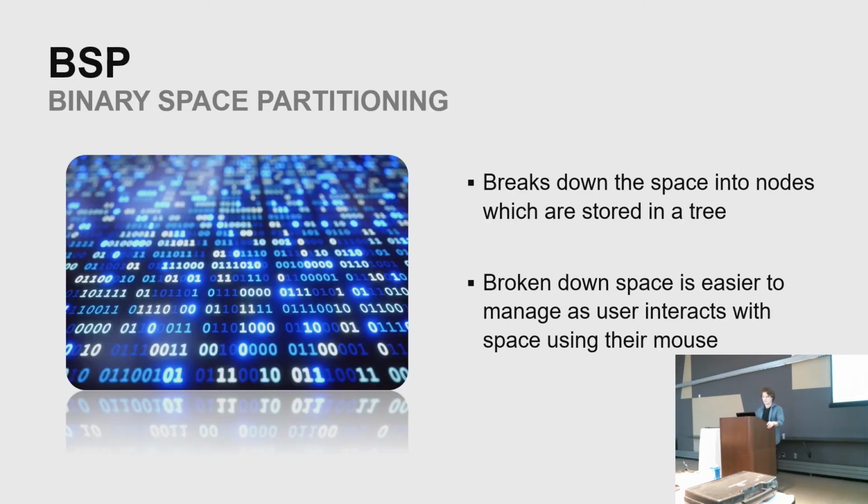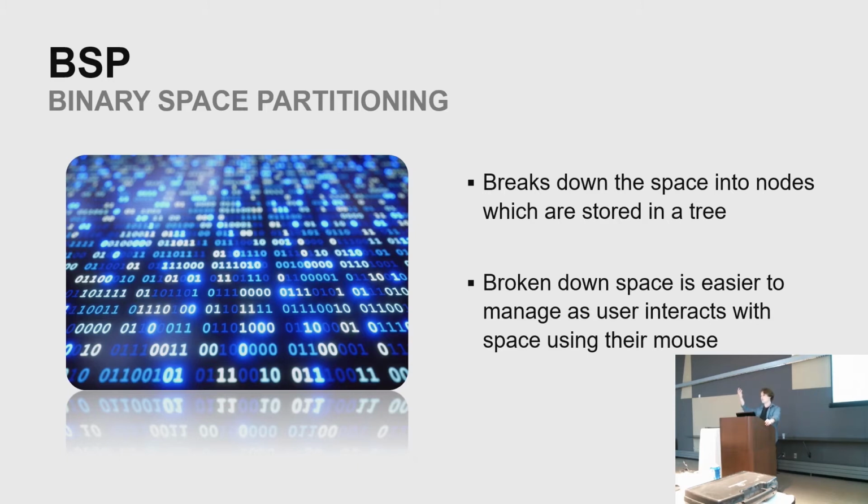And that's where the BSP comes in. I added this picture because it's gibberish, and I thought it was funny. But binary space partitioning is what the BSP stands for, and that's binary, of course. The BSP breaks down the space into nodes, which are stored in a tree, and this should be relatively simple to you guys.